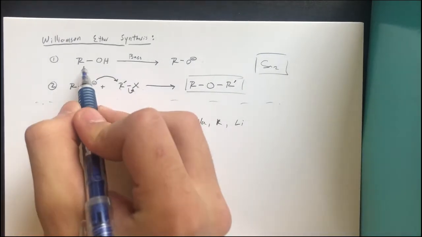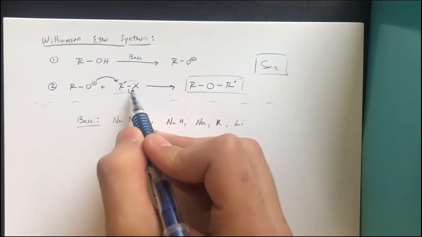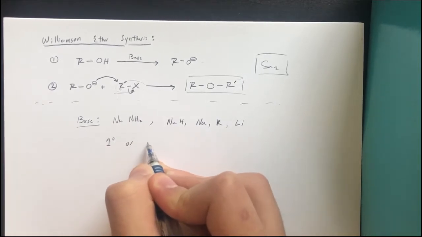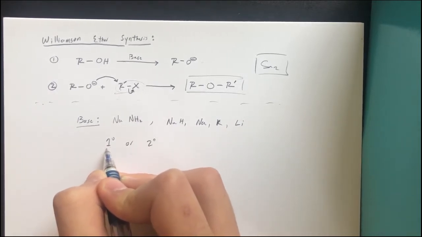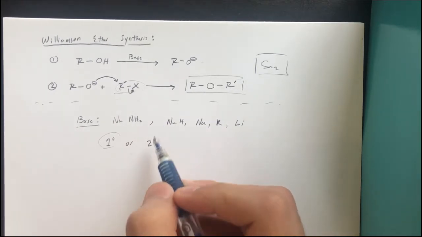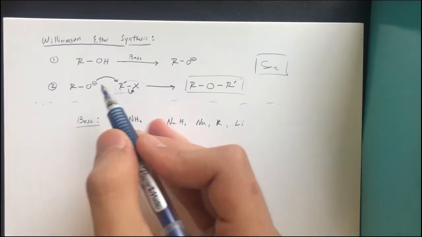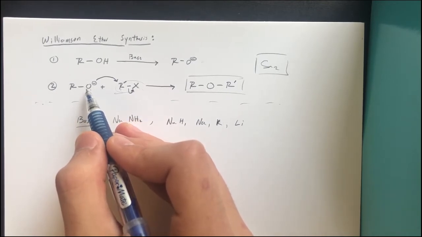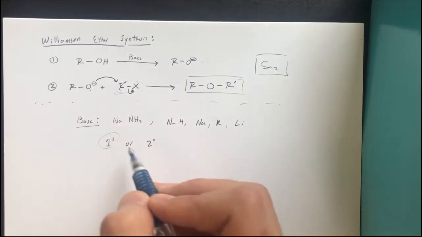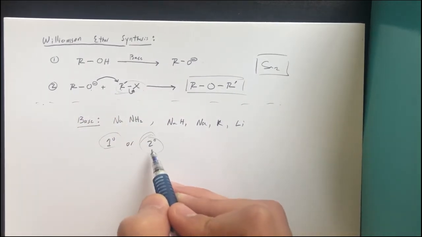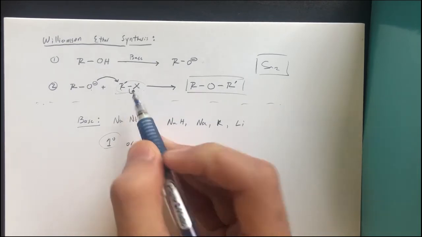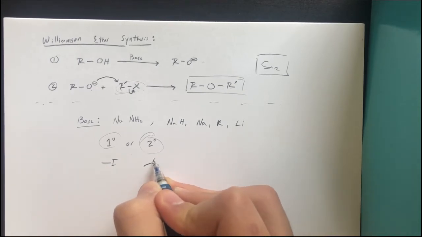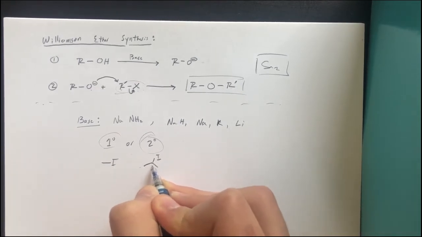For the alkyl halides, we need something in the primary position or maybe the secondary position. What works best is the primary position. Because it's a backside attack and the alkoxide is a good nucleophile but also a very strong base, if it's greater than a secondary alkyl halide, on a carbon attached to two other carbons, it won't work.